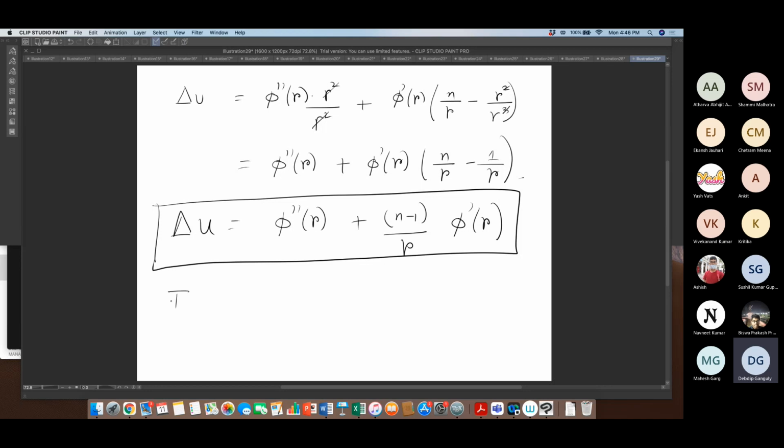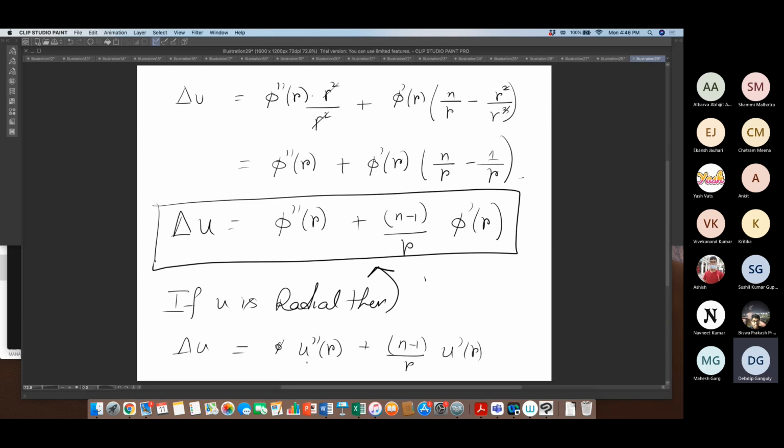Clear? If u is radial, then the Laplacian of u is nothing but, sometimes in the book it is written, u double prime of r plus (n minus 1) by r into u prime of r. But this is just an abuse of notation, because you understand what I mean.